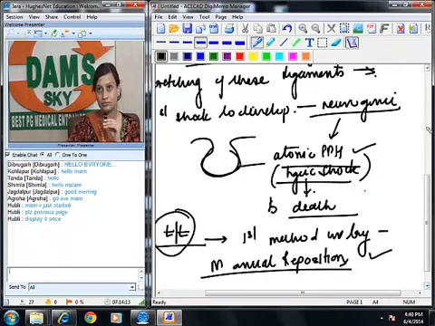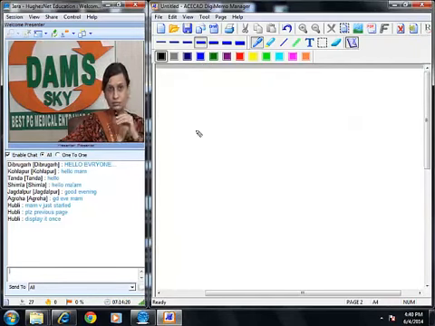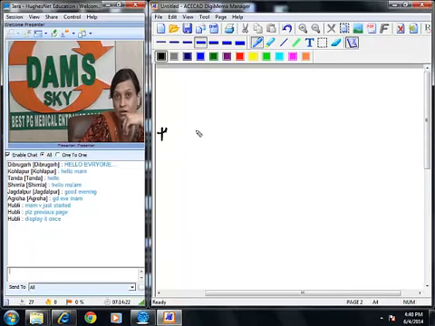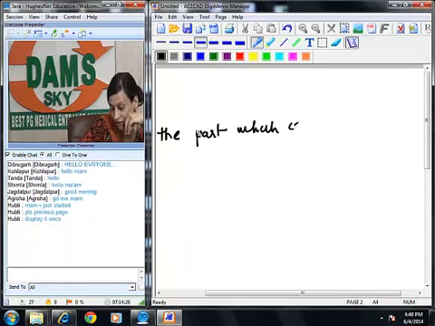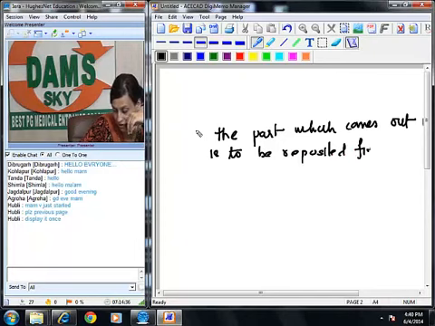So, the concept we use in manual reposition is that the part which comes out last is to be reposited first.